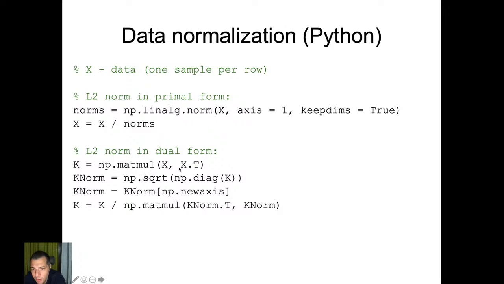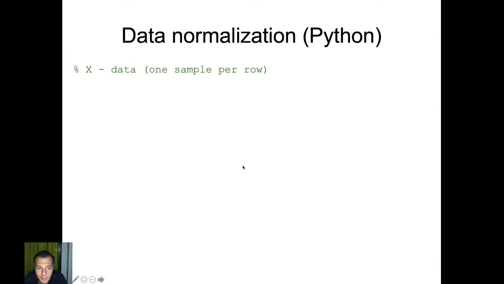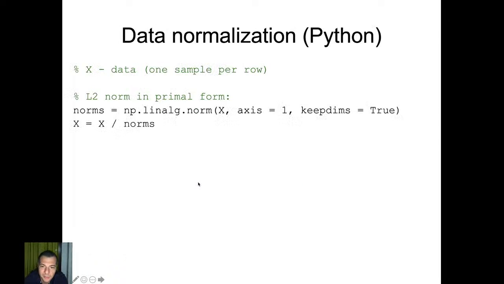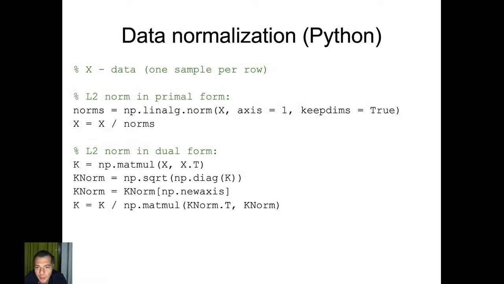So once you compute the kernel matrix, you take out the main diagonal, which contains these components. The main diagonal is the similarities of each example with itself.